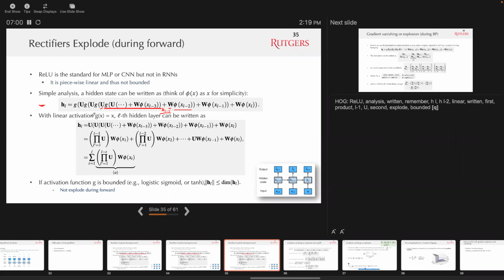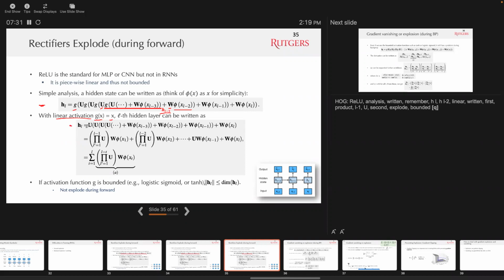Let's say that for simplicity we use linear activation, so we're not going to have nonlinear activation. If you use linear activation, G(X) equals X, that means we completely remove the nonlinearity. Then this equation can be simplified to something like this.